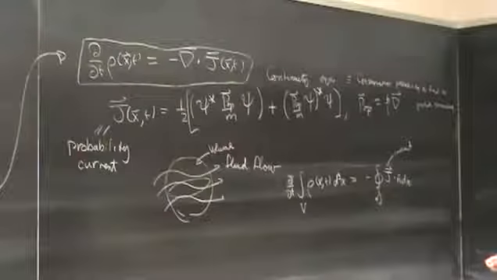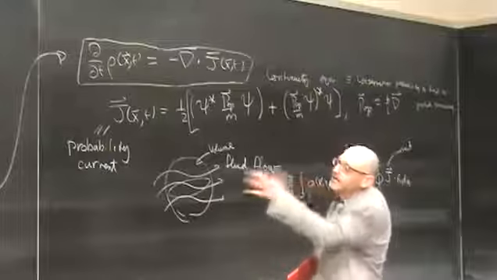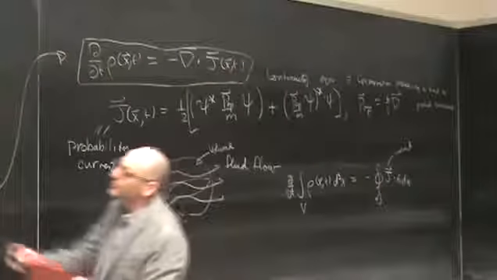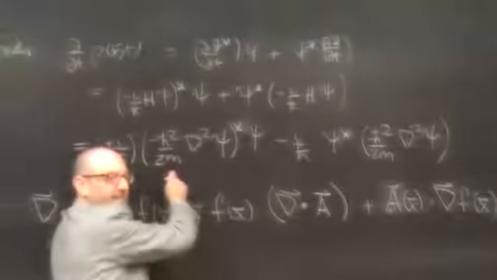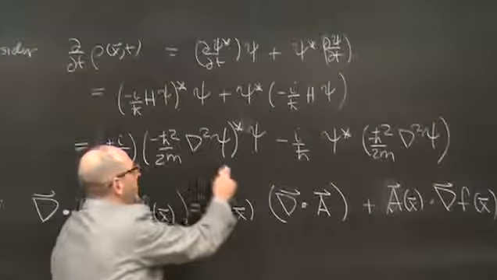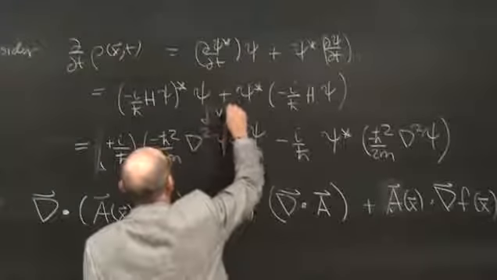Okay? And you notice that this came from the fact in the mathematics that the potential was real. If the potential had an imaginary part in it, a complex potential, then it wouldn't have canceled in this equation. So we got from here to here because V is real.